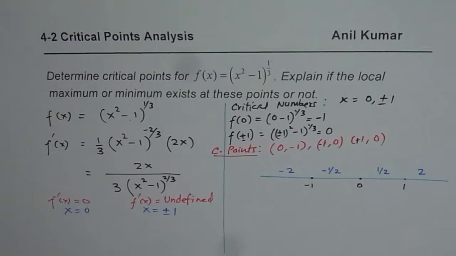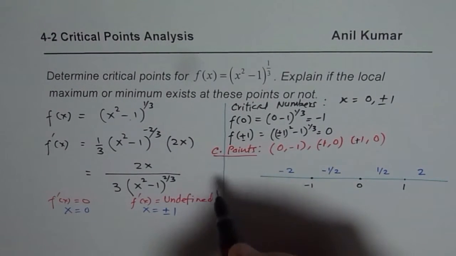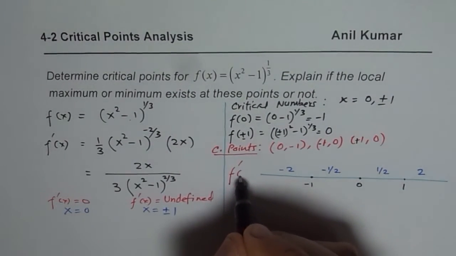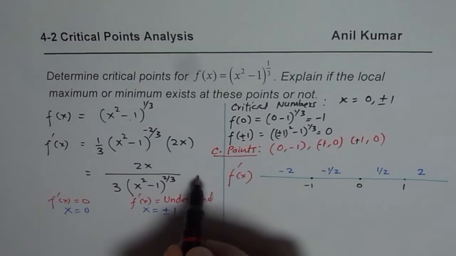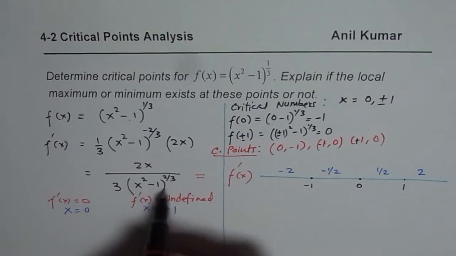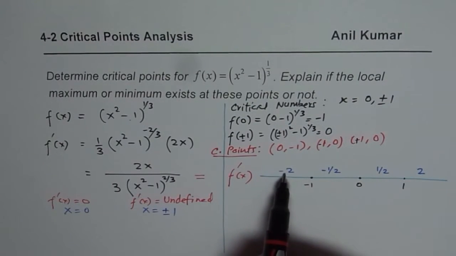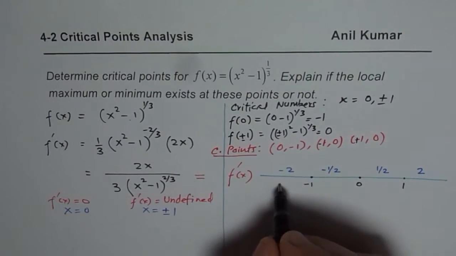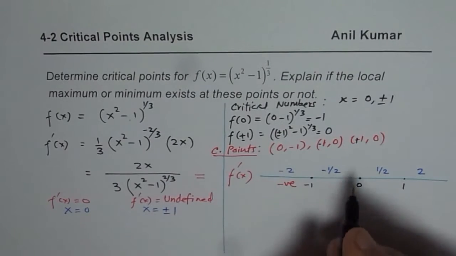Now the function for us is right there, which we are going to analyze. And this is actually the derivative of the function. So we are analyzing the derivative of the function, whose equation is given as 2x over something like this. Now in this, the denominator is always positive, because this is a square. So if I take minus 2, it is going to be negative. Minus will give me negative. Again, minus will give me negative here.